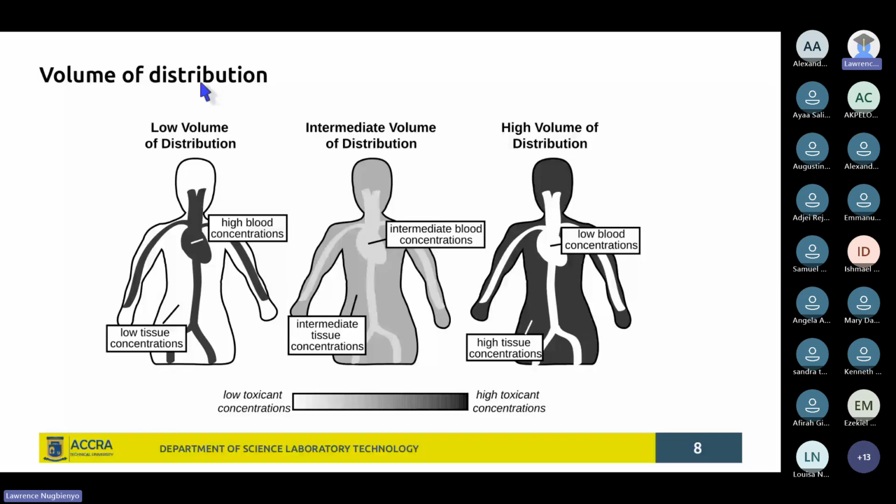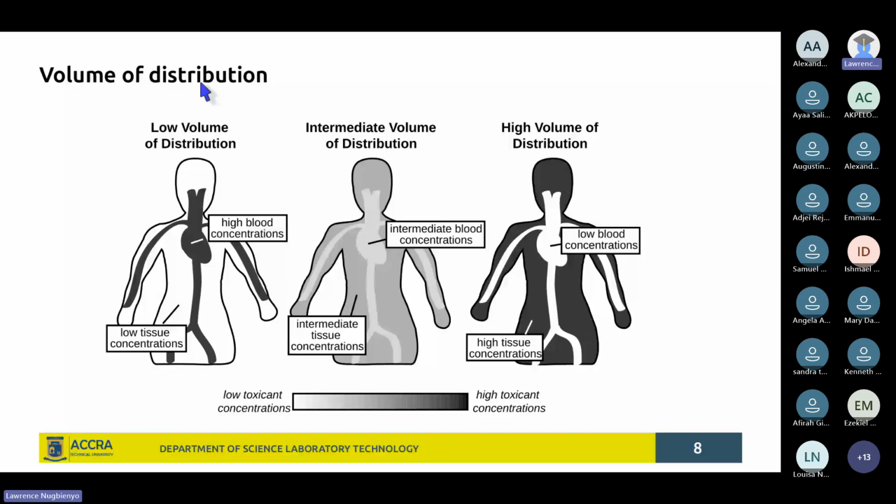We did look at it even right from the beginning, that you can have substances binding to plasma proteins. Those substances that have such affinity for blood proteins will bind to blood proteins. And then you do have some that have less affinity for blood proteins, which means those ones can easily move out of the bloodstream and get into the tissues.